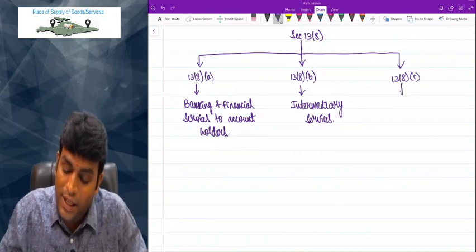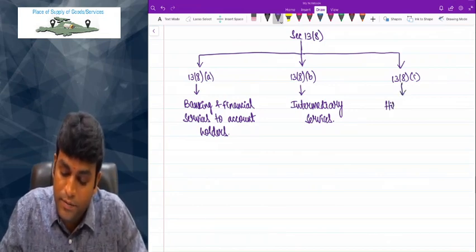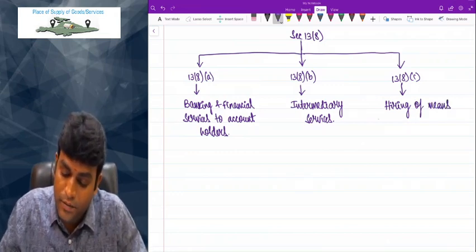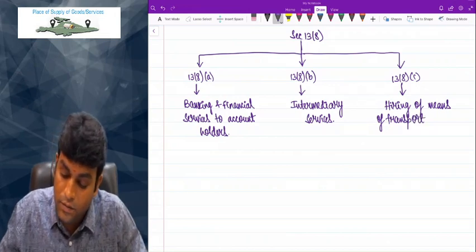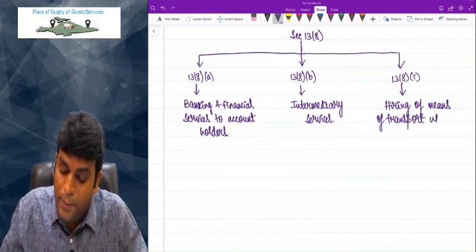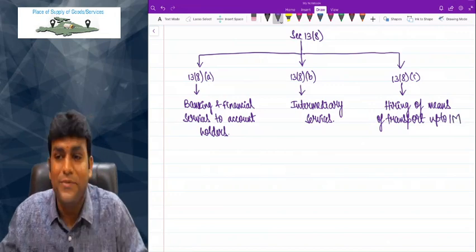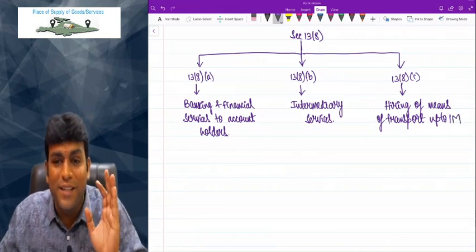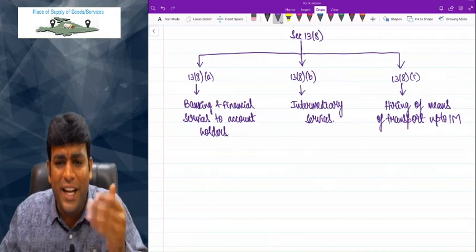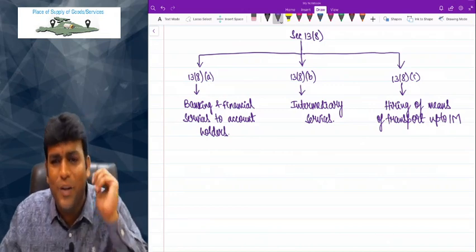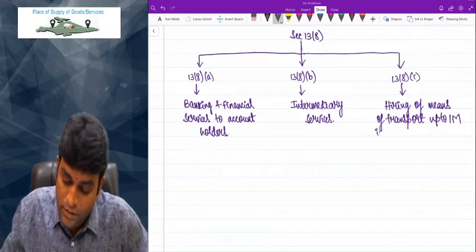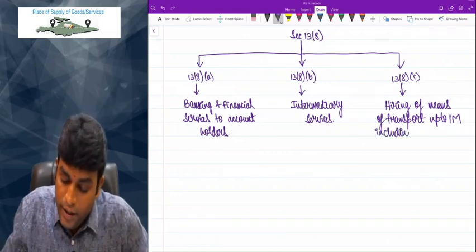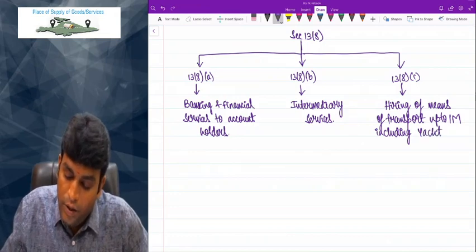Then 13.8C talks about hiring of means of transport up to 1 month. Only up to 1 month. If it is more than 1 month, then 13.8 will not apply. If 13.8 will not apply, then what will apply? 13.2 will apply. Hiring of means of transport up to 1 month, including yachts.